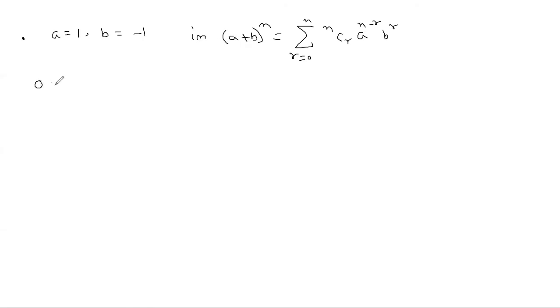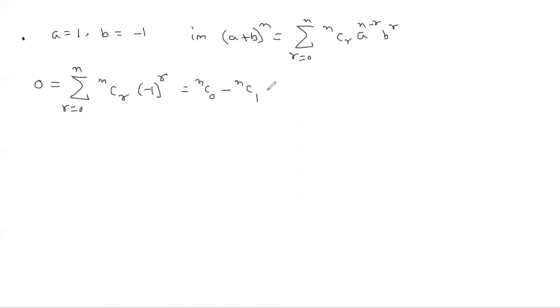So we are getting 0 equal to the sum for r equal to 0 to n of nCr a, that is 1 power n minus r, which is 1, and b power r, b is minus 1 power r. So it becomes alternatively positive and negative. So it is nC0 minus of nC1, because for r equal to 0, minus 1 power 0 is 1. Next, for r equal to 1, minus 1 power 1 is minus 1.